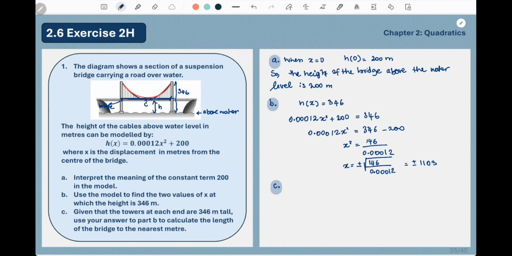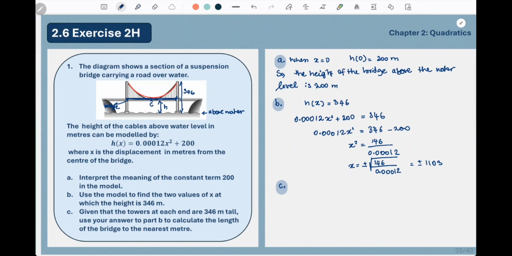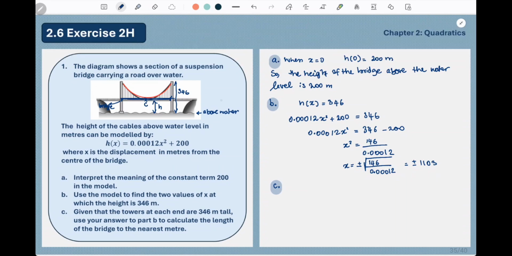Because we've been given two values, as we're advancing in the positive side, on the positive line, it's 1103, but we also got minus 1103 because it's on the other side, and C is where we would say it's 0.